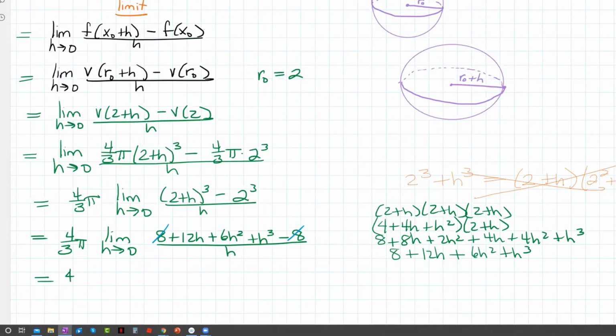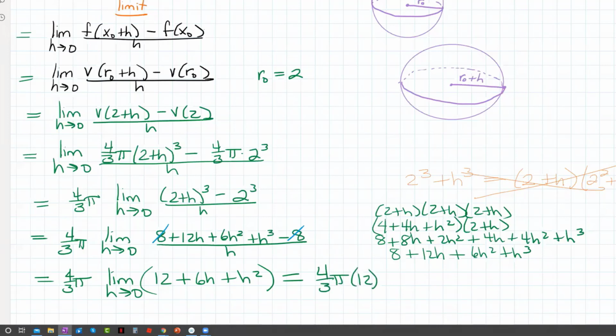So that means we have 4/3 pi limit as h goes to 0 of, dividing each term by h, we have 12 plus 6h plus h squared. Okay, so now we can plug in the 0. So we're going to have 4/3 pi times just 12. So that's going to be 16 pi.